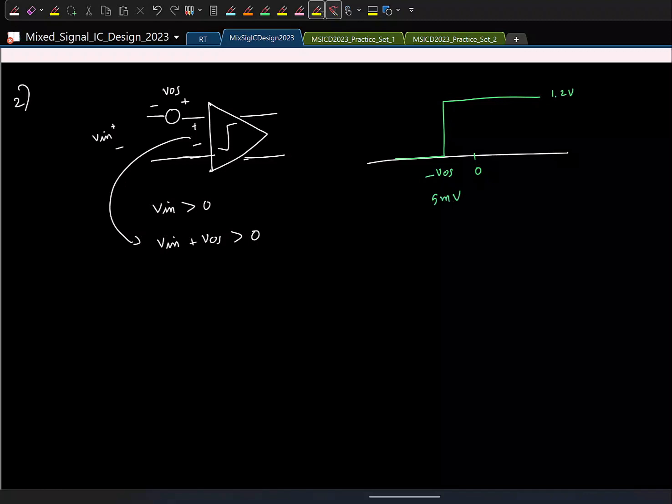So now here, do you think the comparator will make a wrong decision when the magnitude of the input is large or when the magnitude of the input is small? Small, right? If the magnitude is large, you will be lying somewhere here or here, the decision is fine. Only if you are in this region, 0 to minus 5 millivolt, is when it is making a wrong decision, right?